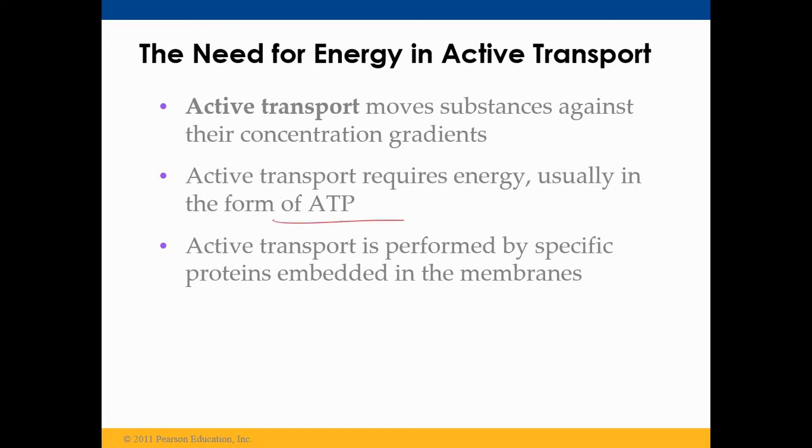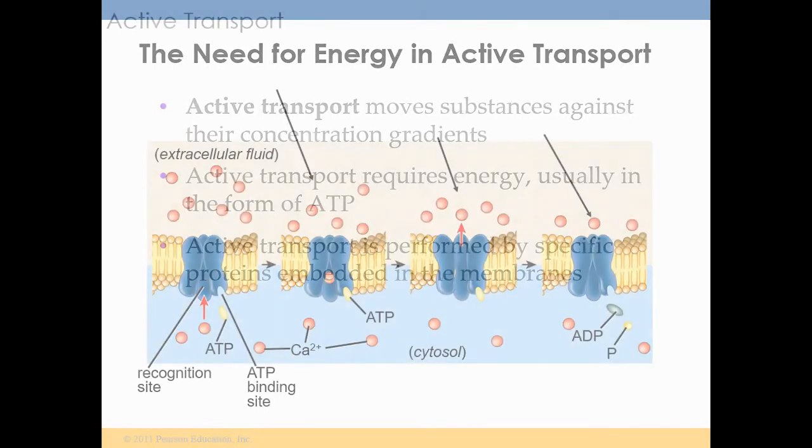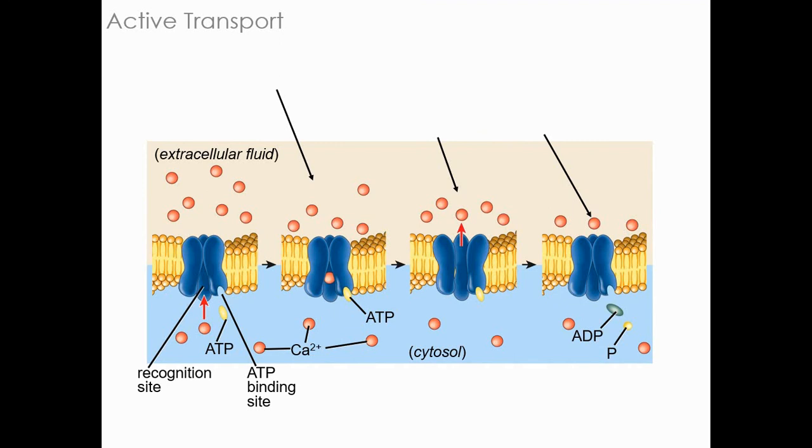Active transport is performed by specific proteins embedded in the membranes. So, this is how active transport works. This is the transport protein, okay? This transport protein binds with both ATP and calcium.